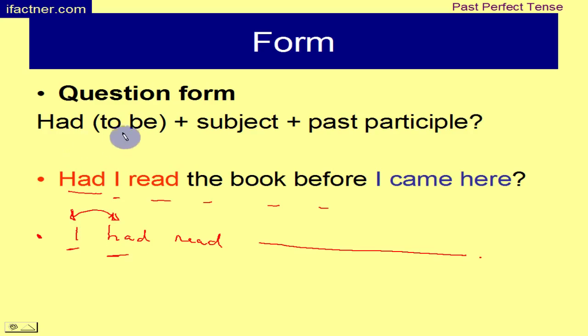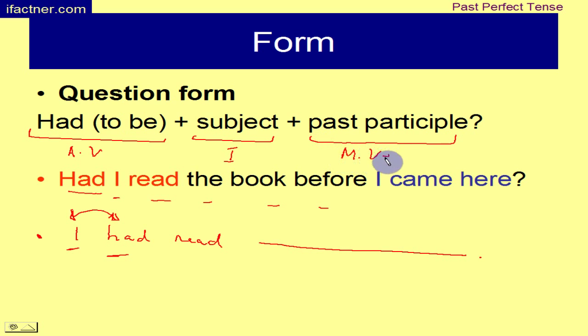So the question form is formed like this: had, the auxiliary verb, comes first in the sentence, then the subject, and then the past participle of the main verb.